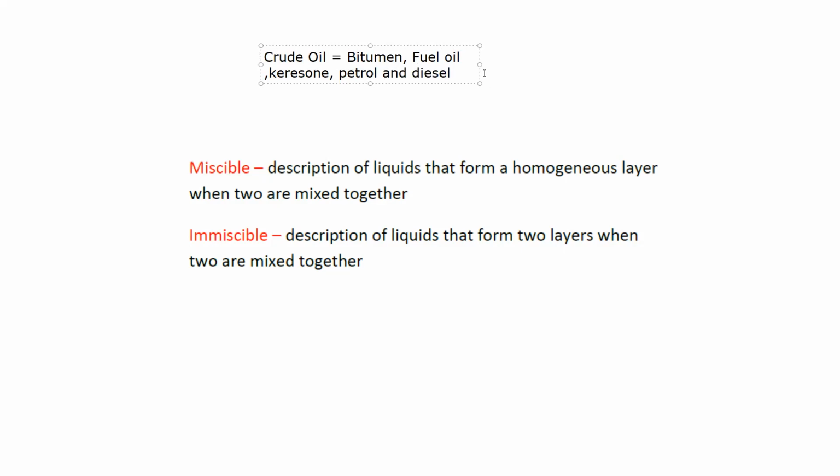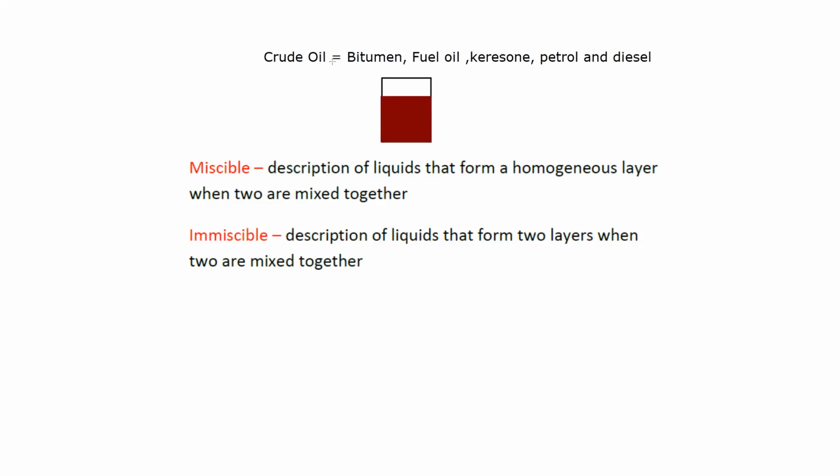These are different types of oils: bitumen, fuel oil, kerosene, petrol, diesel. But when they mix with each other, how does it appear? It appears dark in color, as one substance.